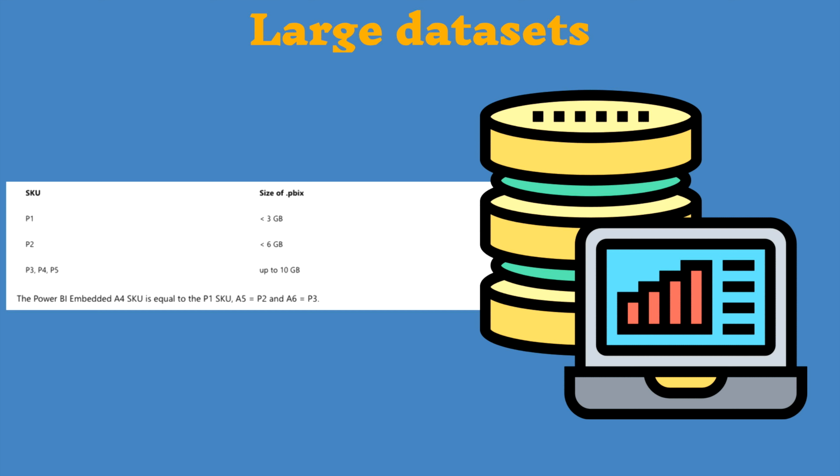If it's less than 6 gigs and more than 3 gigs, then you can go to P2. But if your file size is 10 gigs, then you should consider P3, P4, or P5. Those are known as large datasets because their size is large. That's why we call them large dataset files.